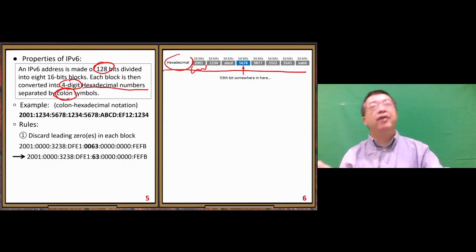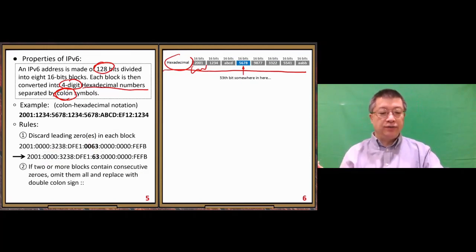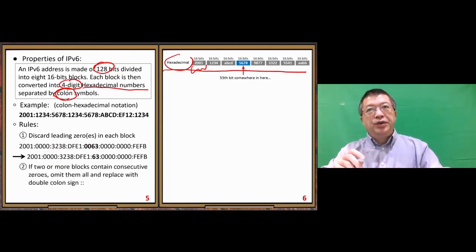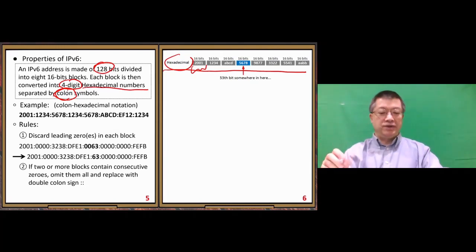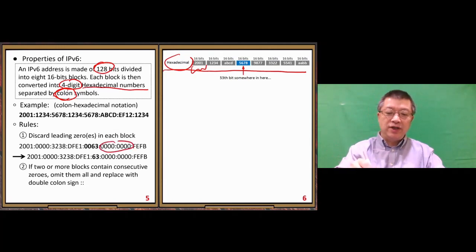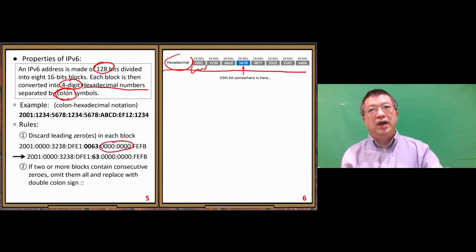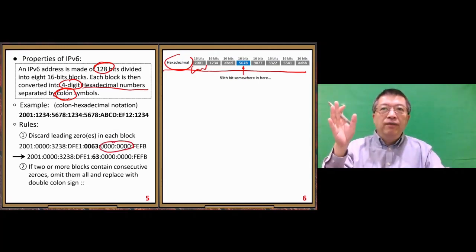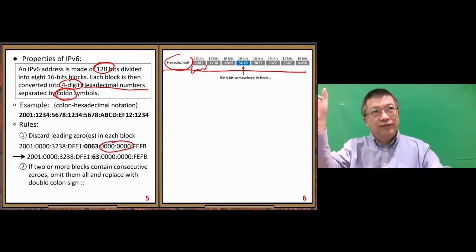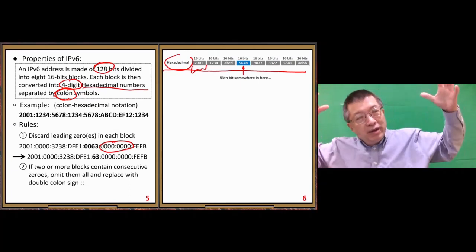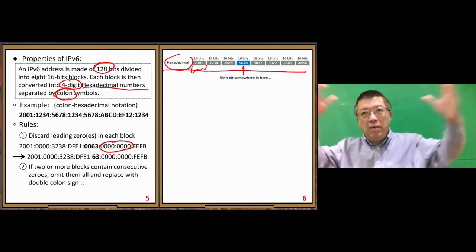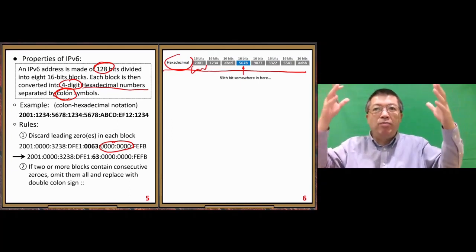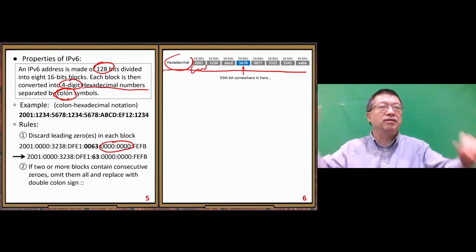Let's see some other rules. The second rule: if 2 or more blocks contain consecutive zeros, omit them all. You try to make it as compact as possible. Omit them all and then replace with a double colon sign.